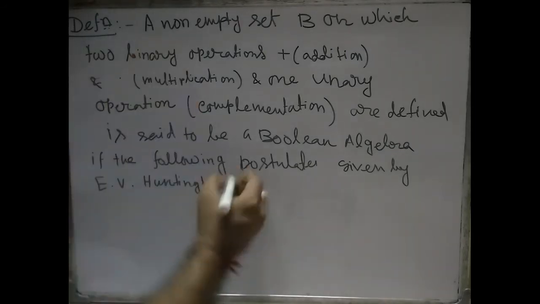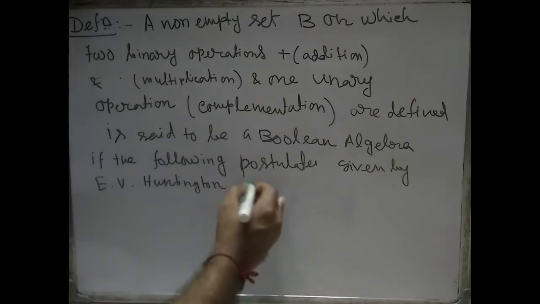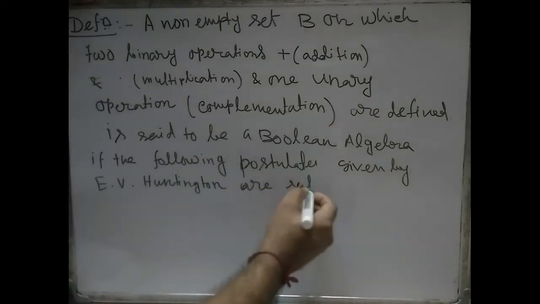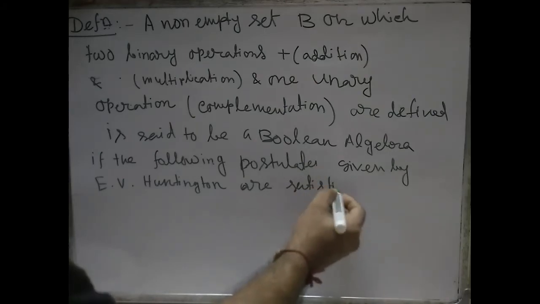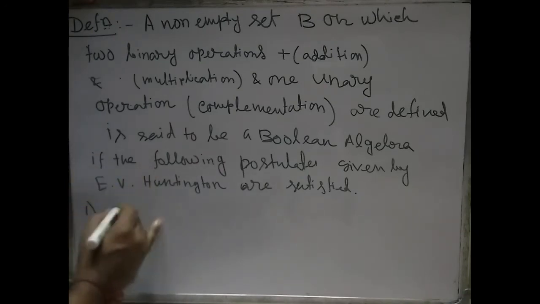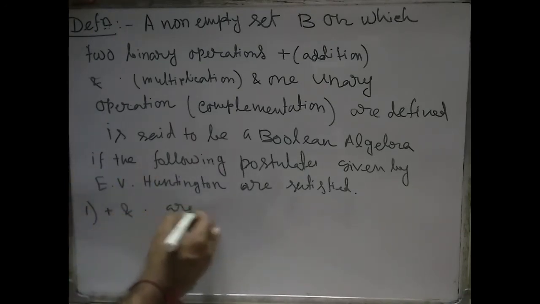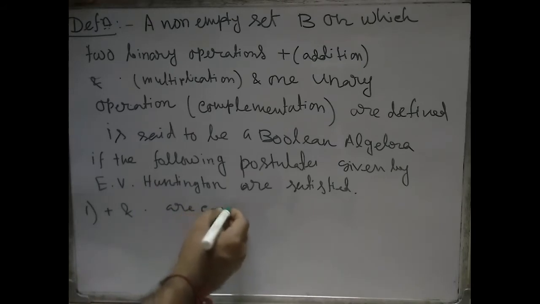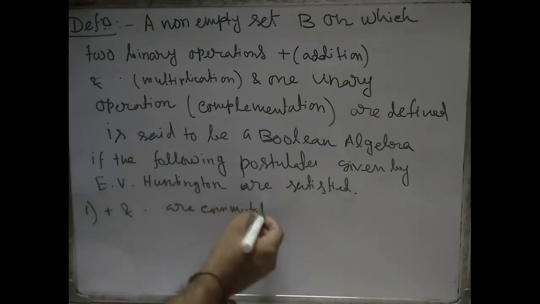So what are they? Number one is plus and dot are commutative.